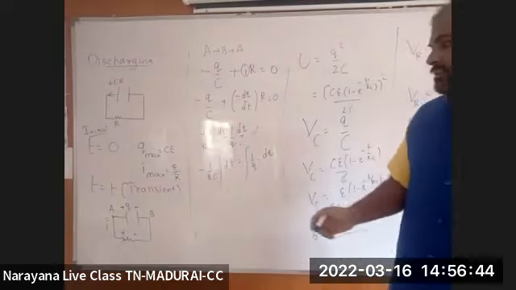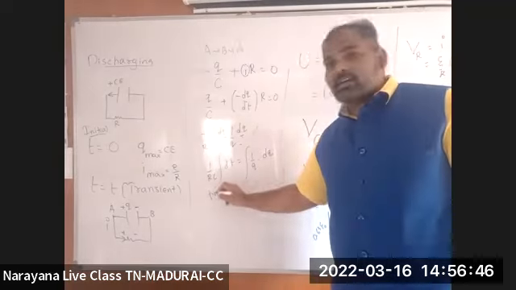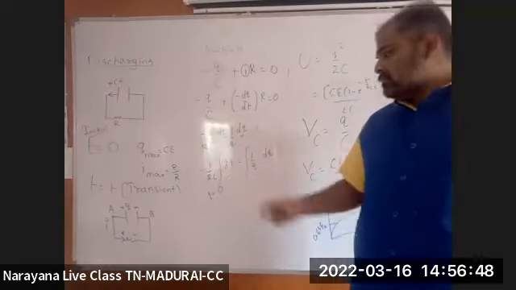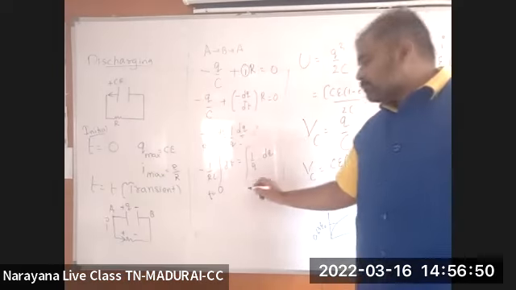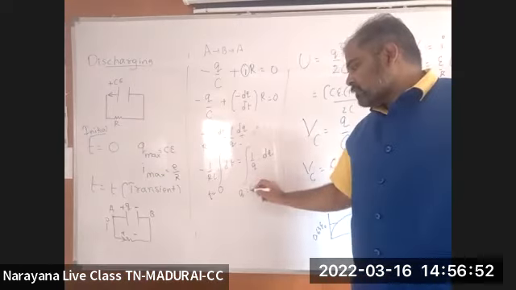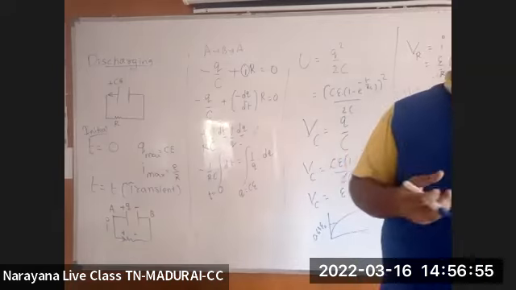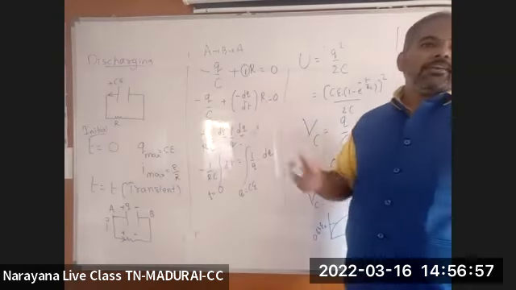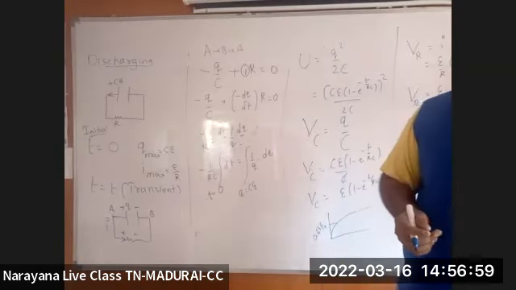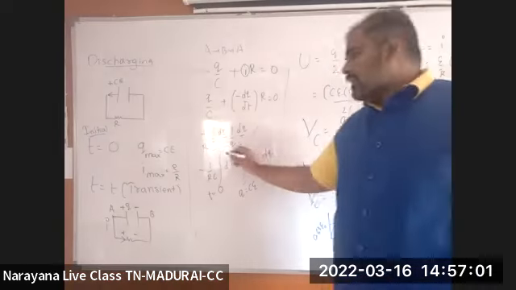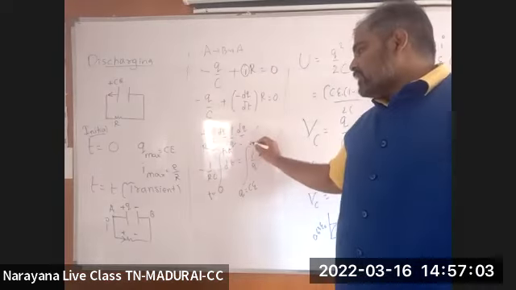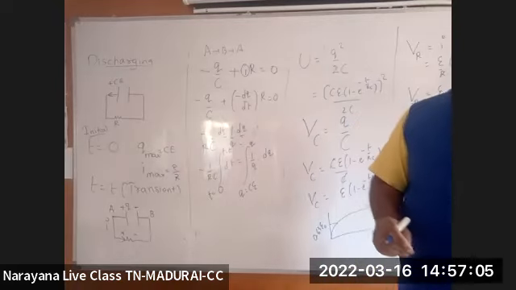When your observation started, at 0 seconds, what is the charge on the capacitor? Brains sometimes we have to use. Maximum charge on the capacitor, C into E. And after t seconds, what is the charge here? Small q.